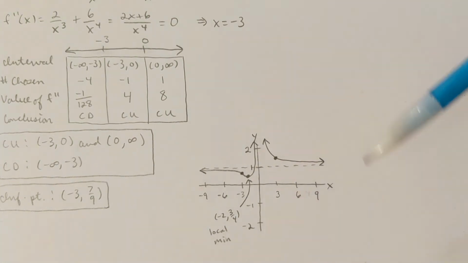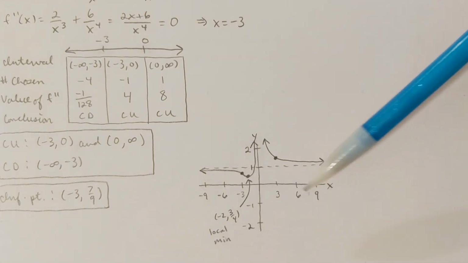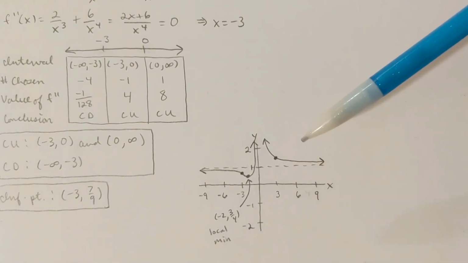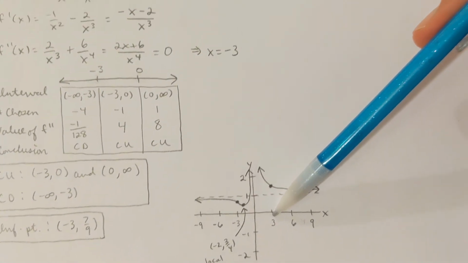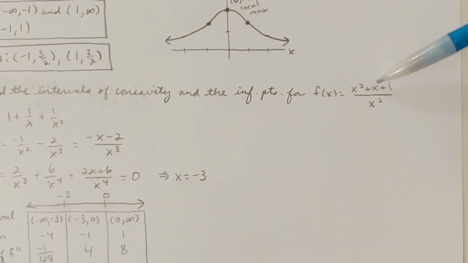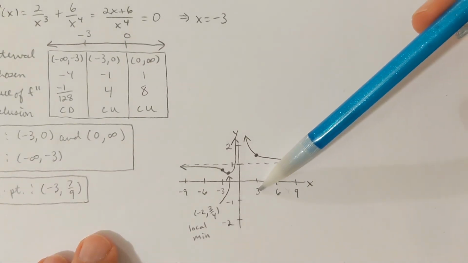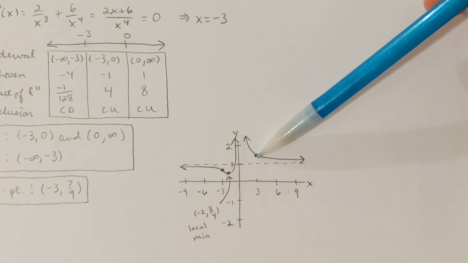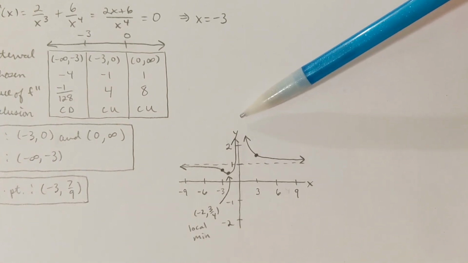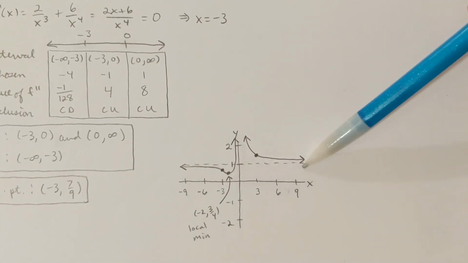Maybe to help me get a more accurate picture here, I can plot an additional point. Like if x is 3, and I plug that into the function, 3 squared is 9, plus 3 is 12, plus 1 is 13, divided by 9. Okay, so here's the point 3, 13/9, which would be a little bit bigger than 1. Okay, and of course the curve has to work with these two boundaries here.